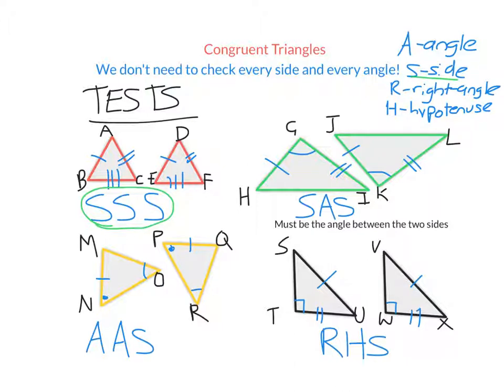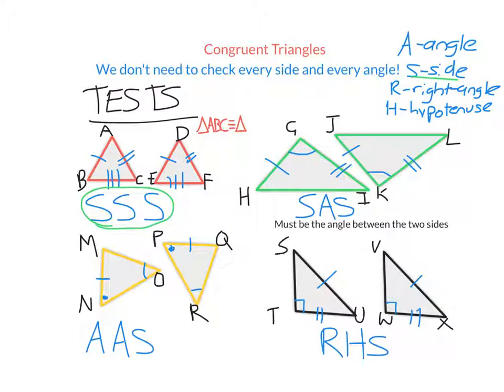When triangles are congruent, we need to write a congruent statement. So what we do is we write triangle, and I can call the first whatever I want, A, B, C, and we use this symbol here to mean that they're congruent. Now for the second triangle, I need to line up the vertices.